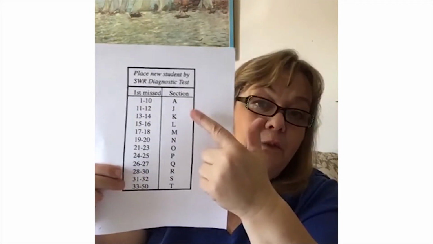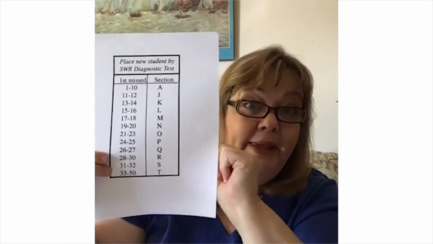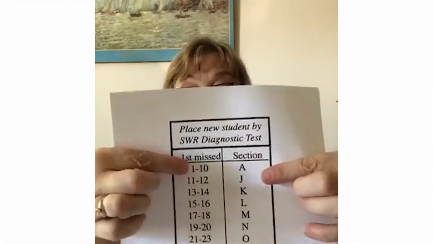This chart helps us determine where a good place to start would be. So we have a girl who's getting ready to go into 3rd grade, and her mastery level is in this first area.